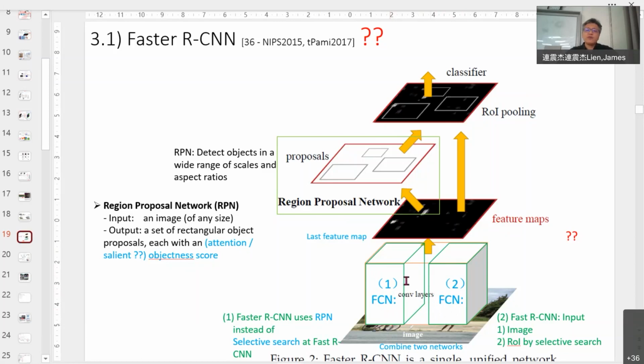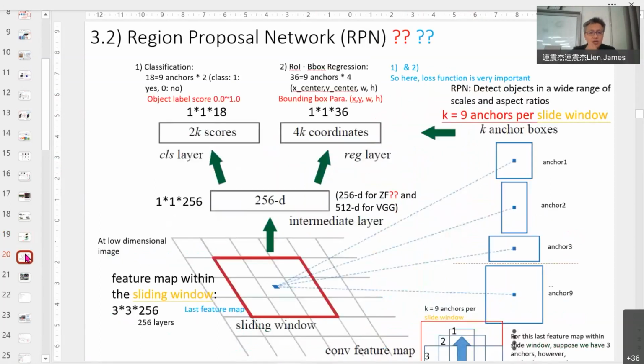Here there is only an FCN, a fully convolutional network, for encoding. Then we detect the region and the bounding box based on the region proposal. Because we have the encoding here, we select the region of interest, and for each region, we do classification. But actually, we also do the refinement here. Let's talk about more detail.